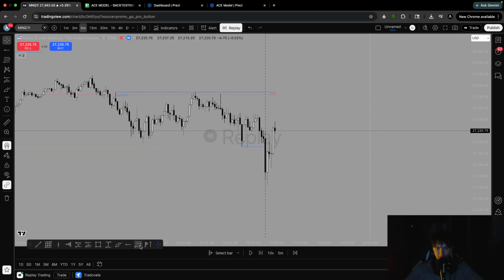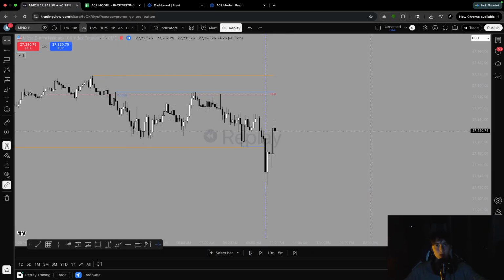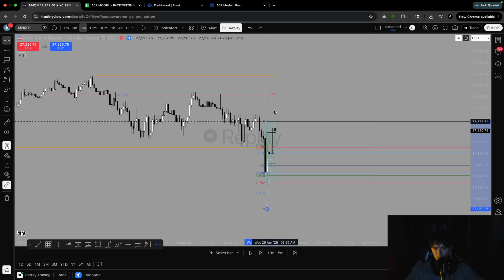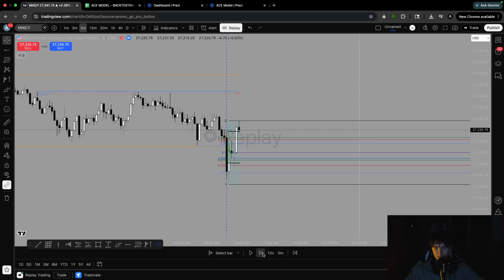Oh, this would be valid. We go from the lowest point. Volume from the lowest point. This to the highest point. Needs to be above that blue.